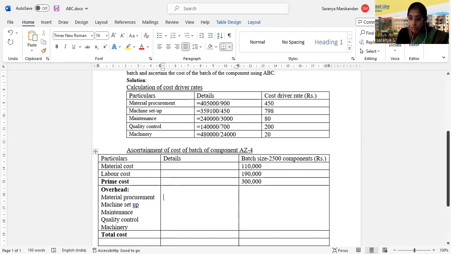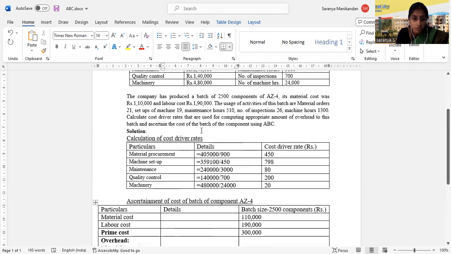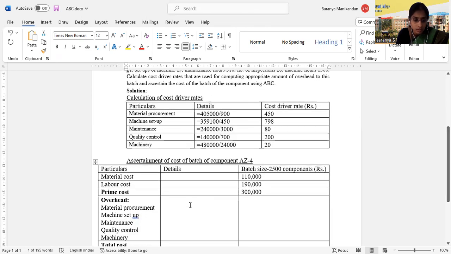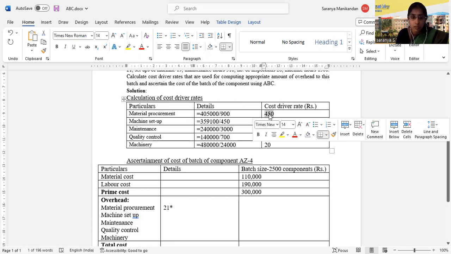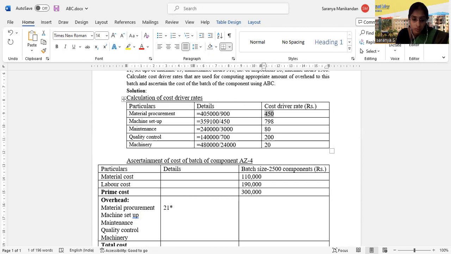Now when you look into the question, the first two lines we already covered. The next one is usage of the activities of this batch. Material orders is given as 21. So 21 into the material procurement cost driver rate, as per our calculation, 450. So 21 into 450, we will get 9,450.